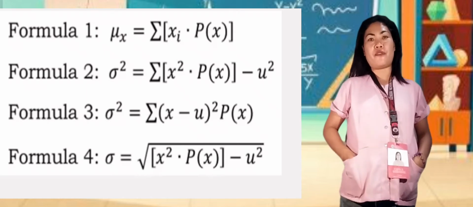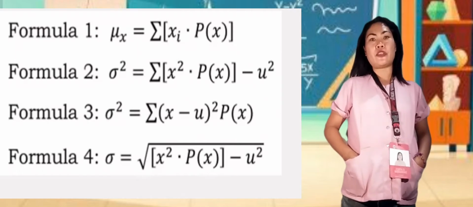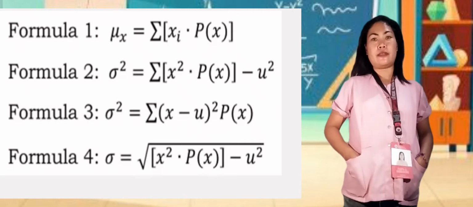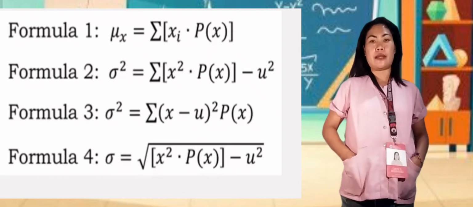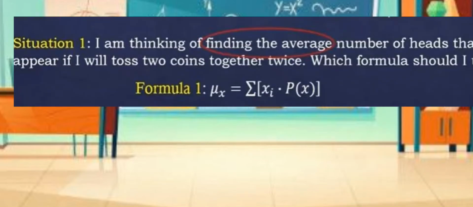And formula number 4. Standard deviation is equal to the square root of variance, which is equal to the square root of the summation of x squared times p of x minus the mean squared. Activity number 1. What's the formula? Situation.